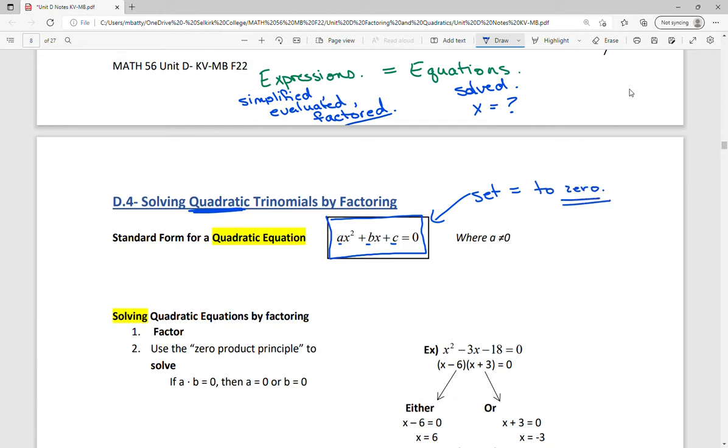And that is important because we are going to use a few key things in solving these things. The other thing to recognize in this form is that we have these in descending order. So the terms are x squared, x, and then whole number. That's important. And like I said, we also have the equal sign.